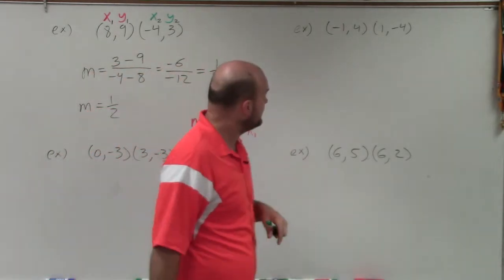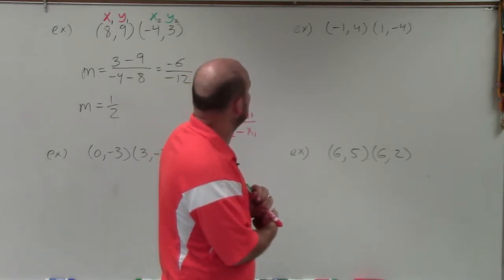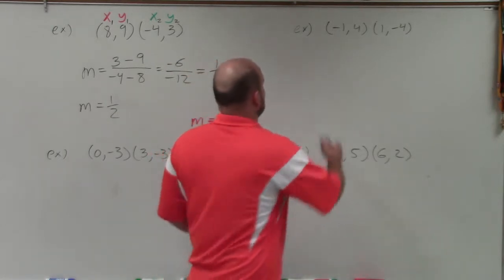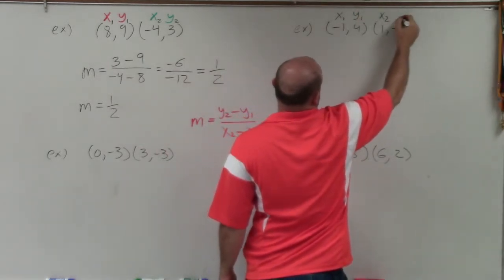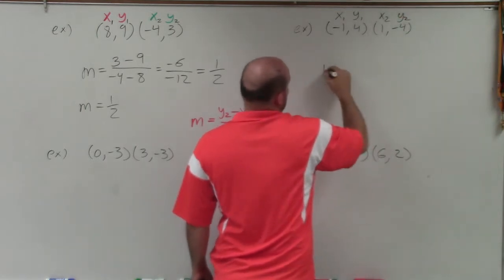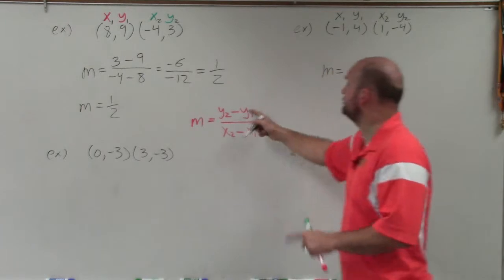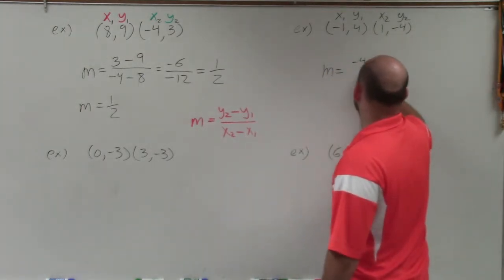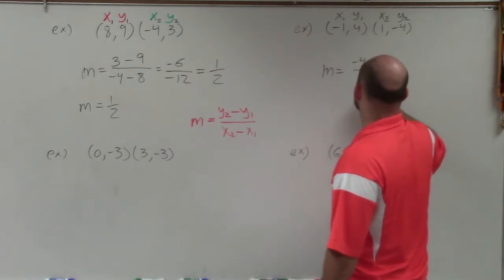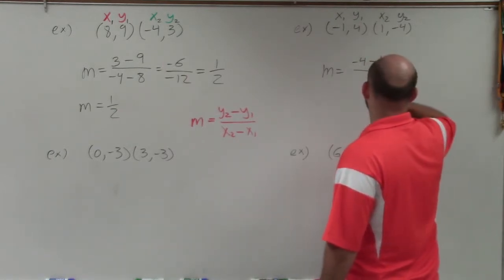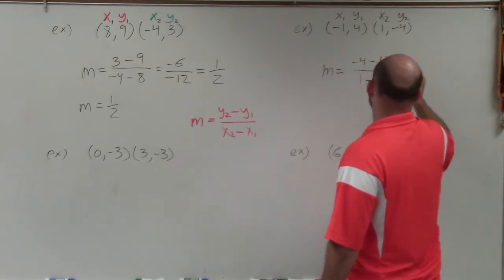In the next example here, again, we're going to be doing the exact same thing. I always like to label them first before I get into doing the formula. So now, again, just follow my formula, y2 minus y1. y2 is -4 minus y1, which is 4, over x2, which is 1, minus a -1.